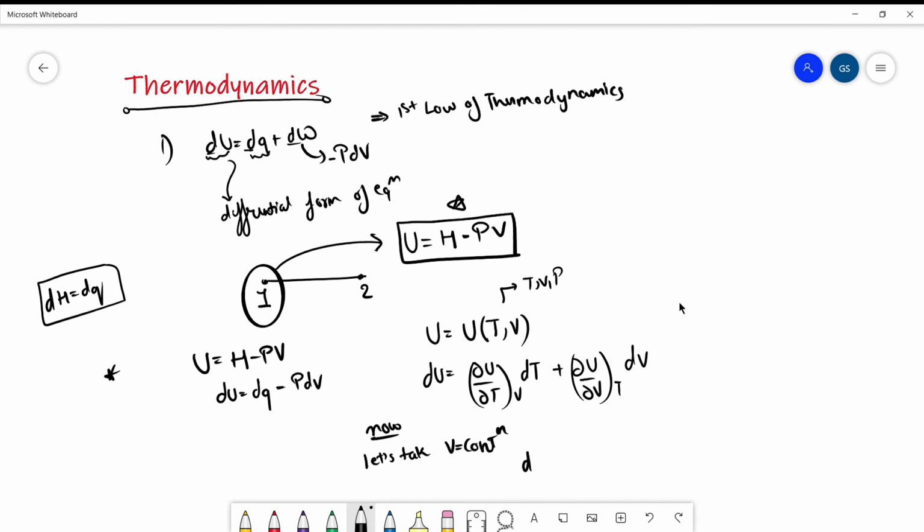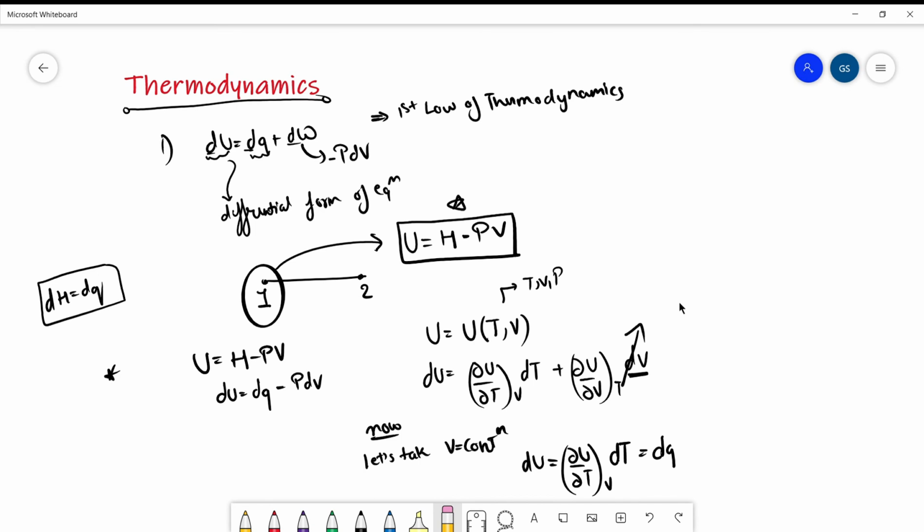So our dU will then become, this term will become 0 because dV is 0. So dU will become del U by del T at constant volume dT, and this dU is nothing but dQ minus P dV, and well, dV is 0 because V is constant, so we can just remove this part.